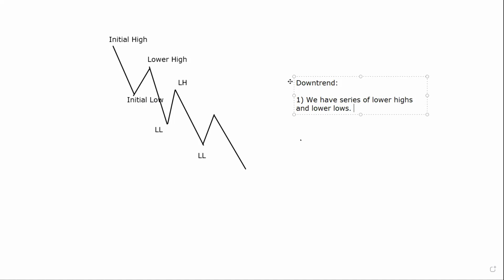Am I right? Second characteristic: volume increases on impulsive down.